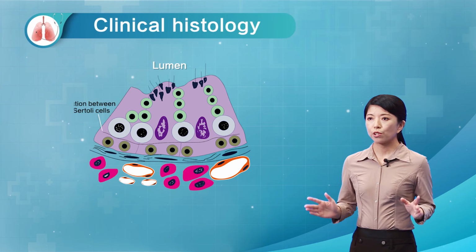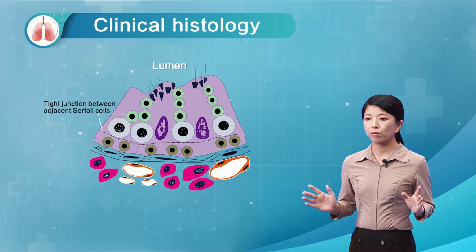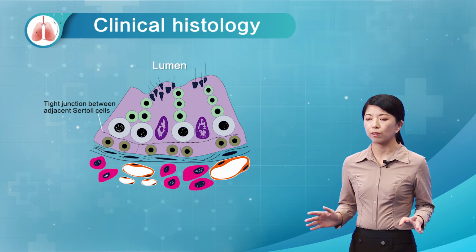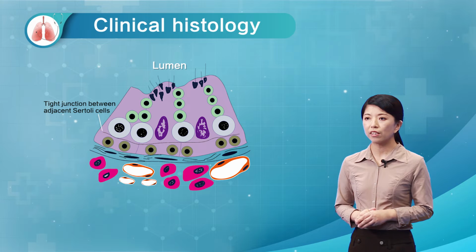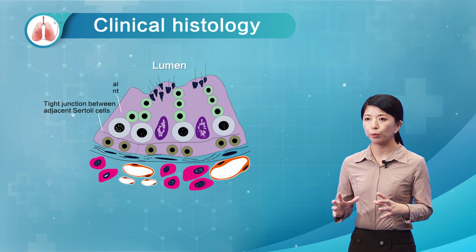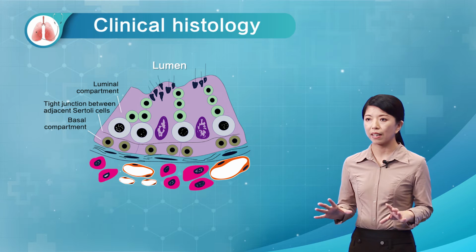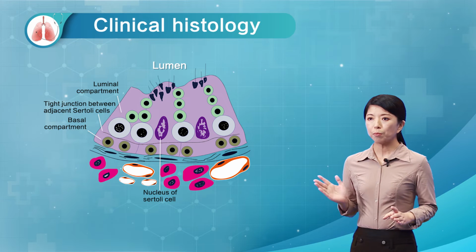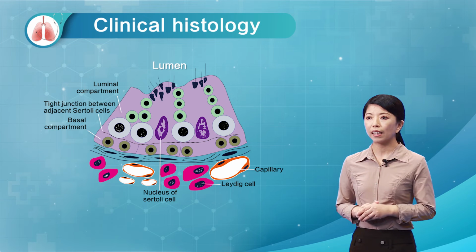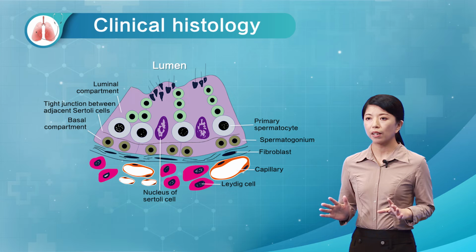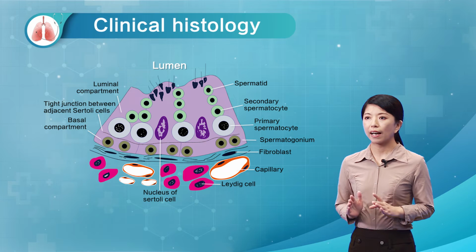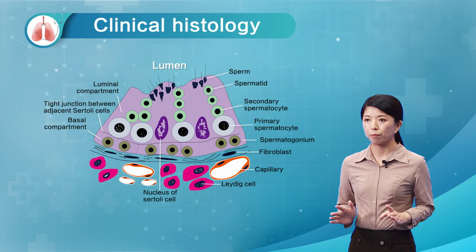This diagram shows us the ultrastructure of the Sertoli cells and their relationship to the wall of the tubule and to other cells in the seminiferous epithelium. In this picture, we can easily identify the cytoplasmic outline and the tight connection between them.